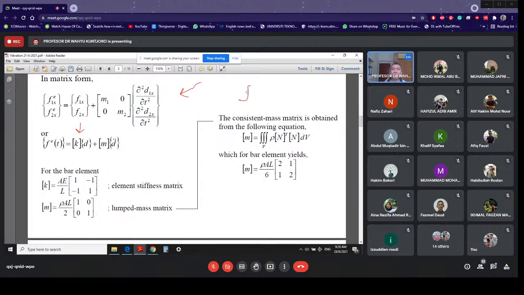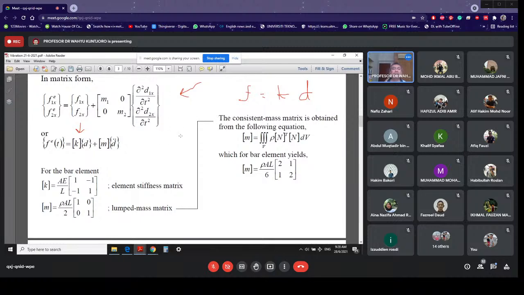Of course, you have to write that in matrix form. So this F1x, F2x is equal to KD. Remember that? Okay. And then this here is our Newton's force. M1 multiplied by that 1, and 0 multiplied by that, and then plus M2 multiplied by that 1. So this is a simple matrix.